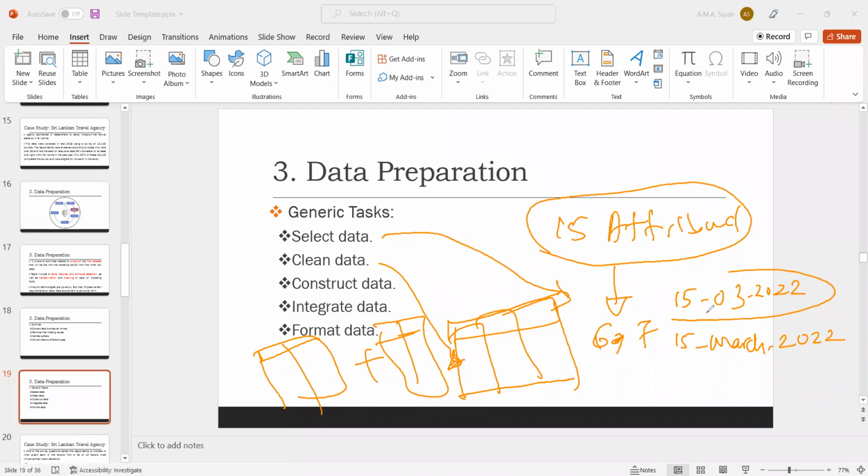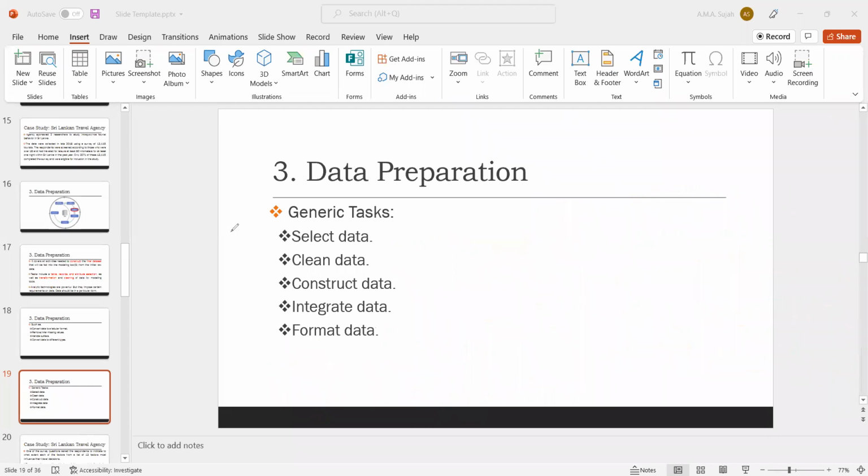Both are the same, but a computer thinks they are different. So what we need to do is reformat into one type, whether we use this one or this one. It depends on us. We can reformat it. Those are considered data preparation.